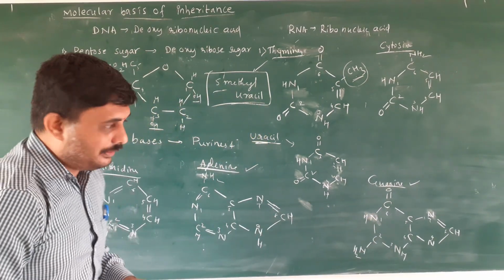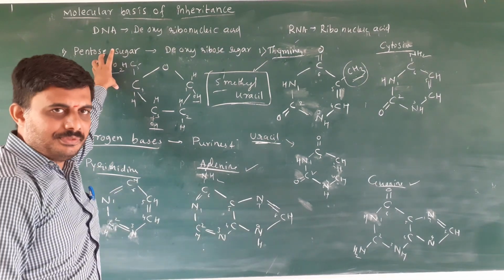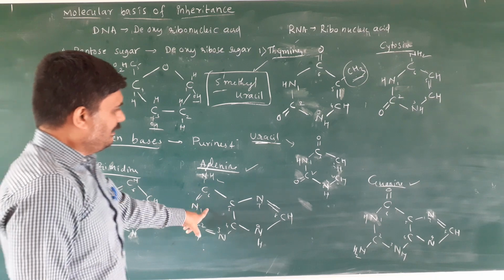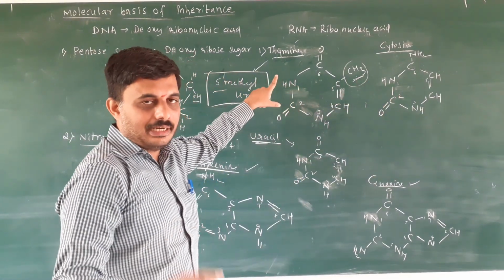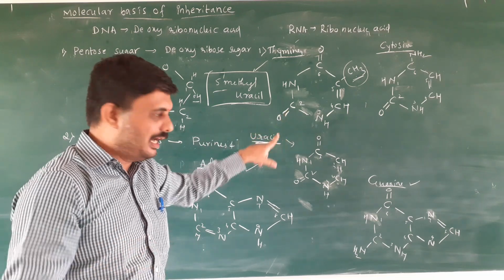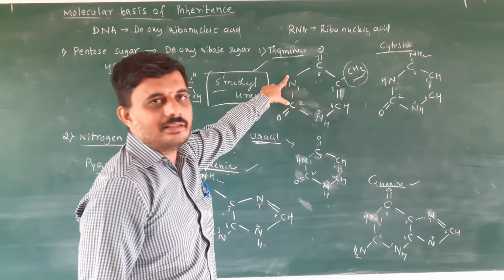So the nitrogen bases present in DNA are adenine, guanine, cytosine and thymine.